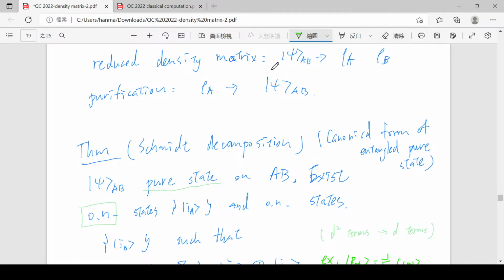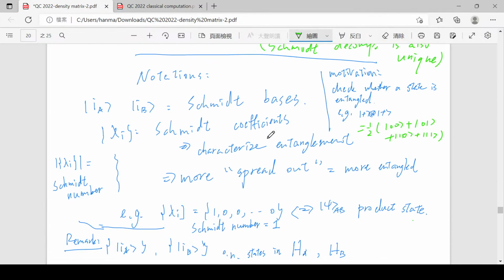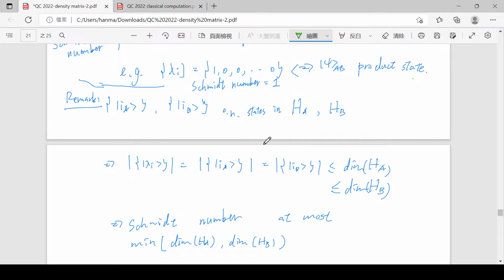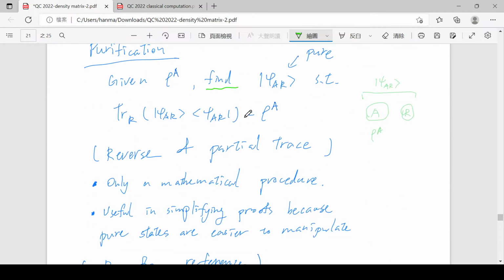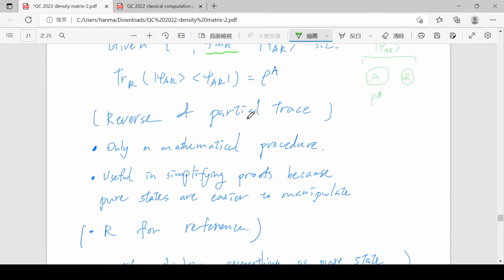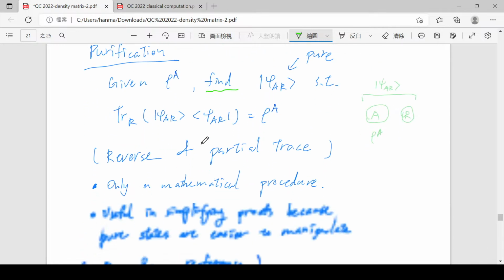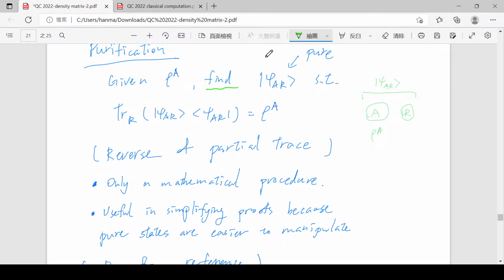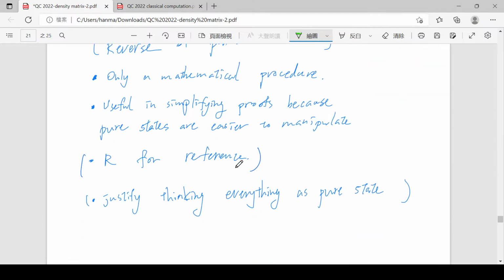but that is a thing people doing quantum information theory will do. So you want to do this mathematical procedure because pure states are easier to manipulate. Also, when you study more quantum information theory, pure states have more nice properties that you can calculate on.